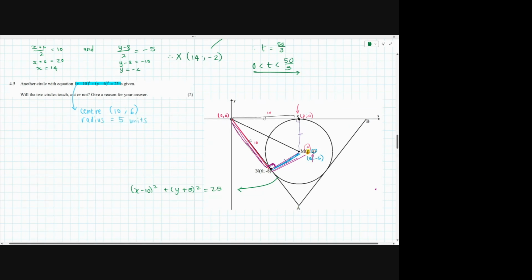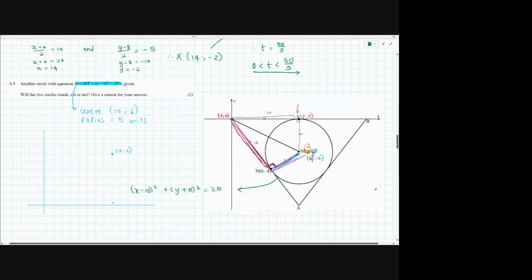It's not going to be a great diagram, but we're just going to roll with it. So, center (10, 6), and a radius of 5 units.